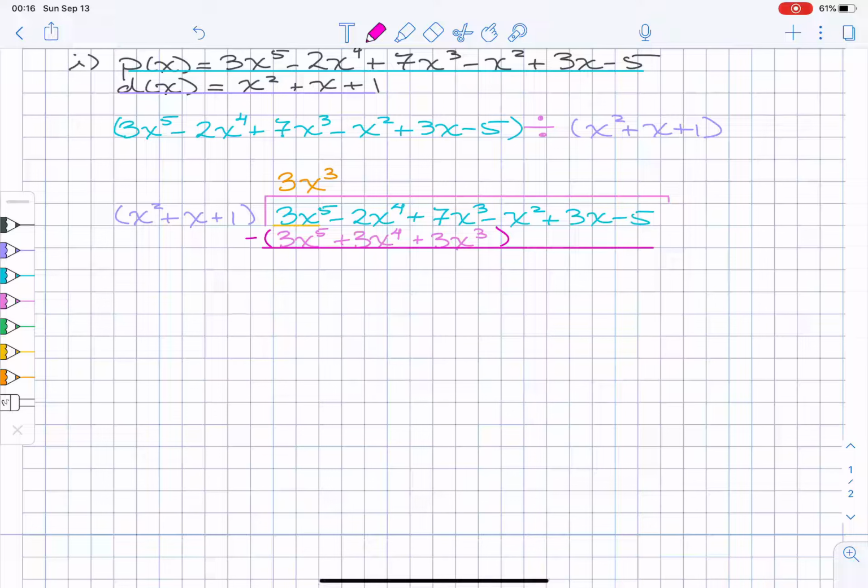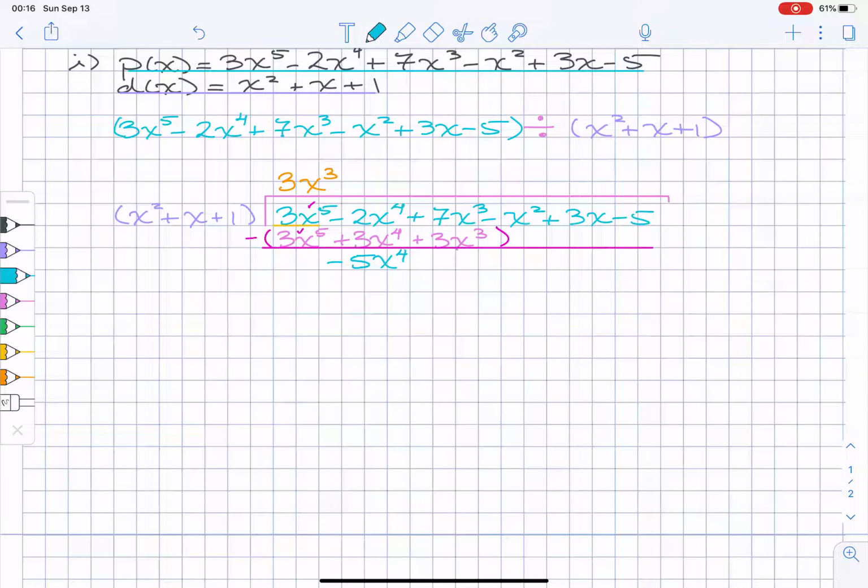Okay, so 3x to the fifth minus x to the fifth is indeed 0, which is what we want. So now distributing the negative, negative 2x to the fourth and then negative 3x to the fourth will be negative 5x to the fourth, because both of them are negative because I'm subtracting.